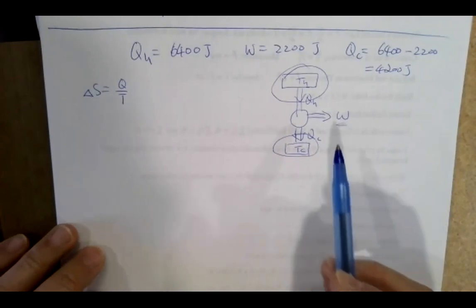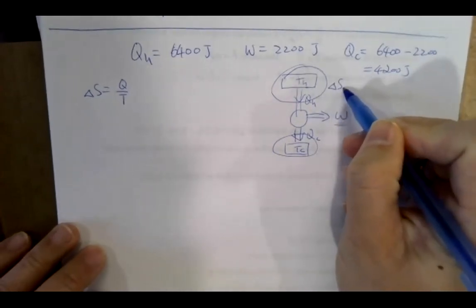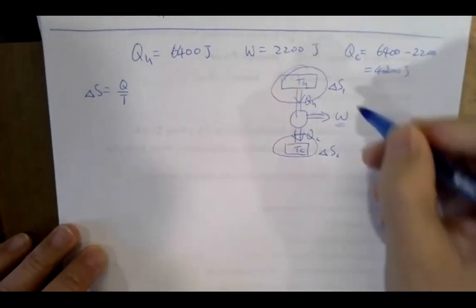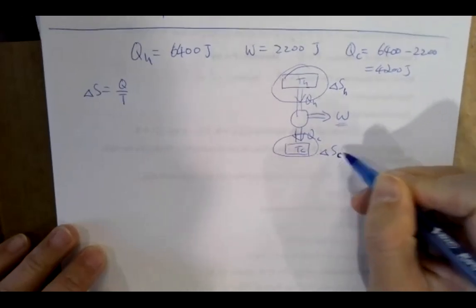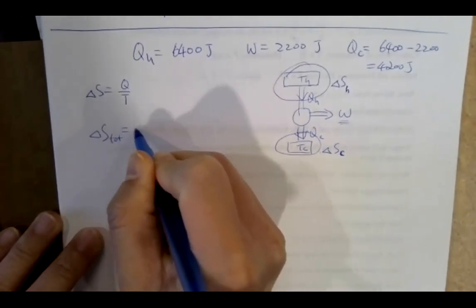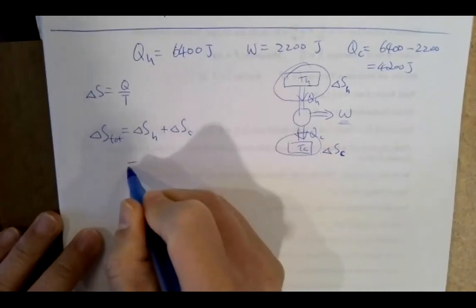So there'll be an entropy change for the hot reservoir and for the cold reservoir, delta SH and delta SC. The total is delta SH plus delta SC.